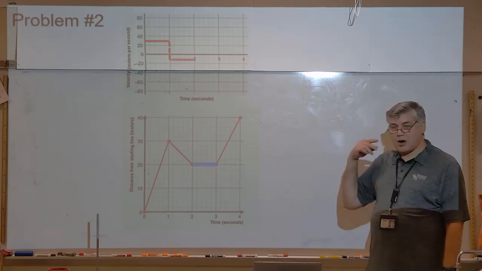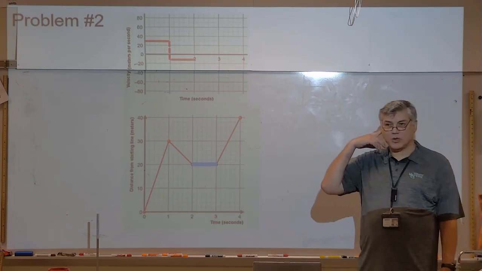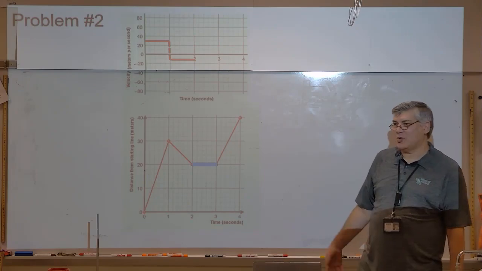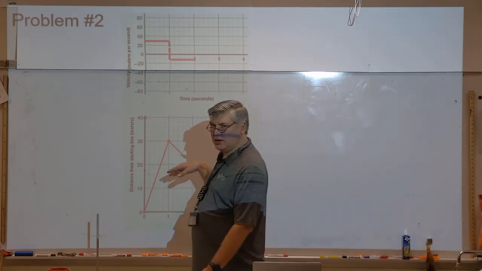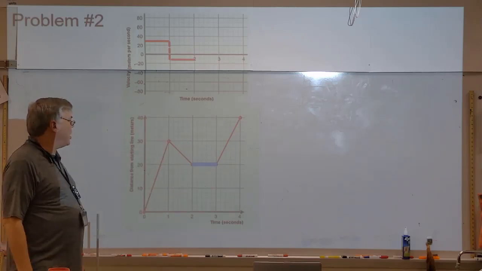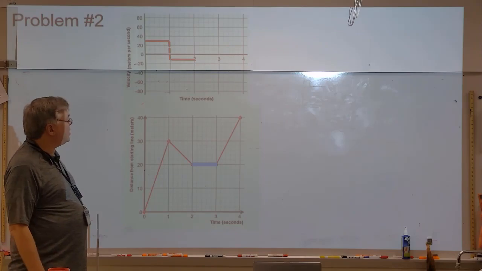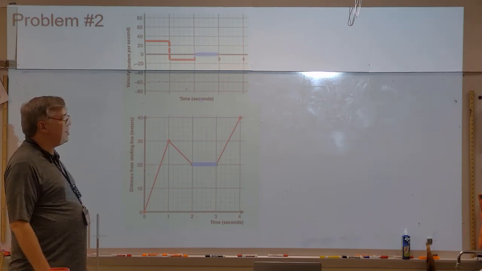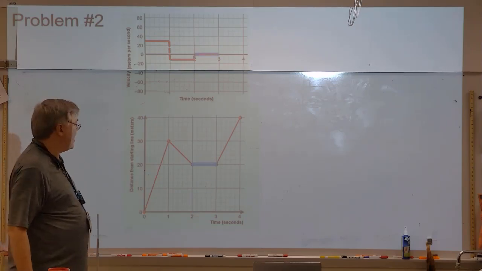How about this line right here? What are we doing, forwards or backwards? Yeah, standing still. Trick question. We're not moving. 0, standing still. All are correct. So we're standing still for a whole second. So standing still on this graph right here is right on that line, right on the 0 line.